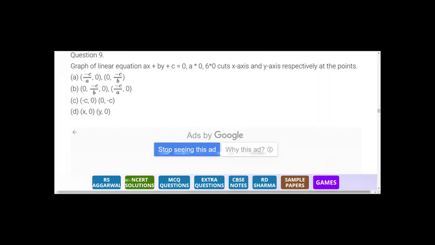Graph of linear equation ax plus by plus c equal to 0 cuts x-axis and y-axis respectively at the points. What is that? A star 0, 6 star 0. Star also means multiplication. Option B, ma'am.